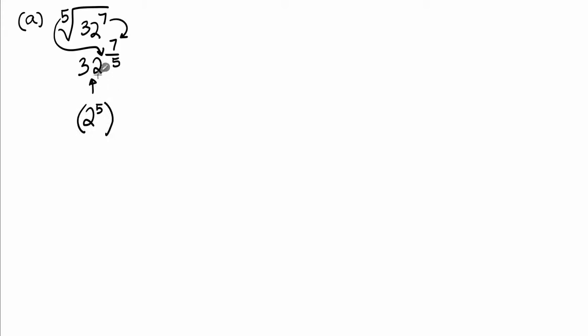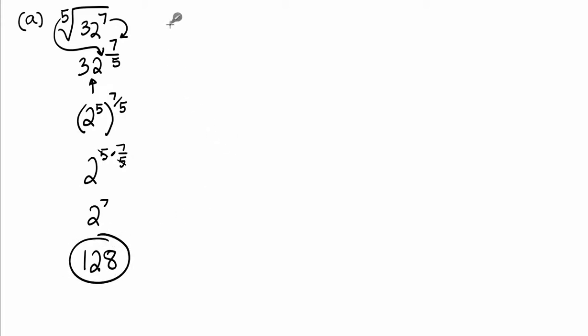Making a replacement for 32, 2 raised to the 5th, further raised to the 7/5 power, and using a property of exponent to an exponent, you would then multiply 5 times 7/5, which becomes, when those 5's cancel, 2 to the 7th, and again you can look that up in the powers table, and that is 128. Final answer for that example.